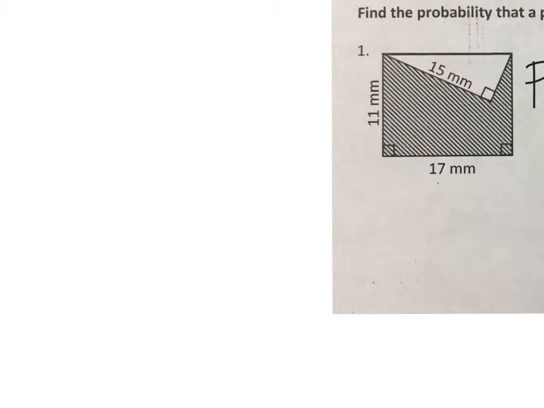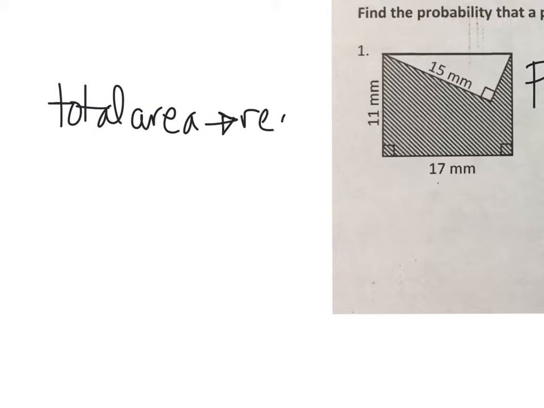The total area. So if we're looking at this picture, the total area is the shape of a rectangle. So the total area is a rectangle, right? That's the shape here that is encompassing the whole entire picture, basically.